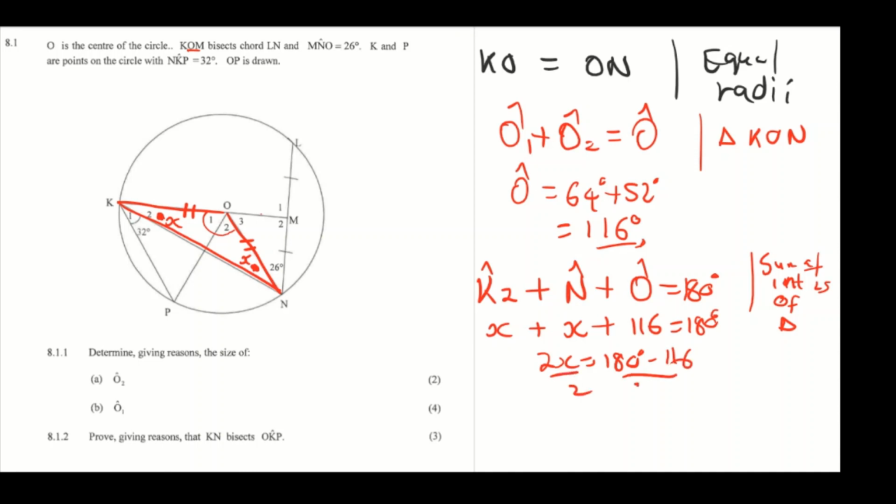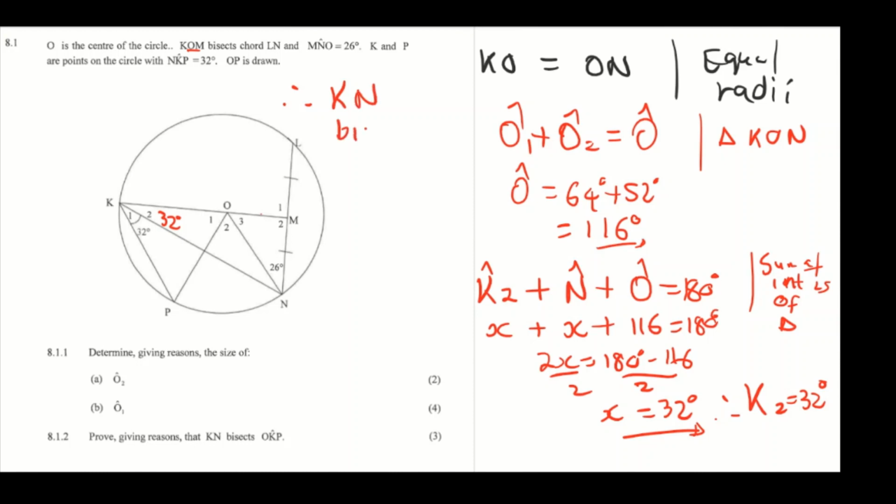Divide by 2 on both sides. x equals 32 degrees. So I've just found the 32 that we've been looking for. So K2 equals 32 degrees. Therefore, you can conclude: KN bisects angle OKP. So we have concluded this problem.